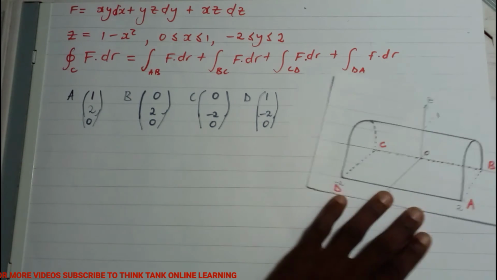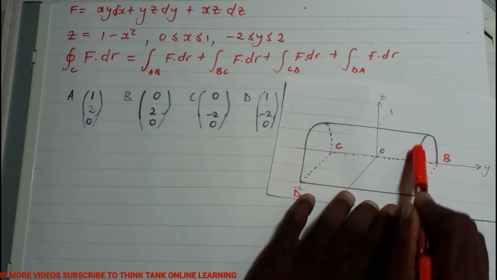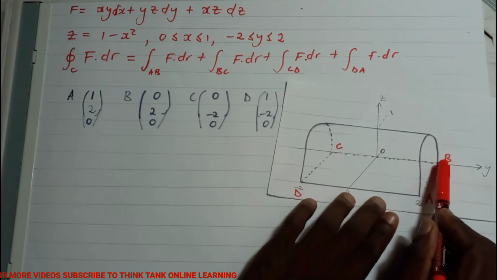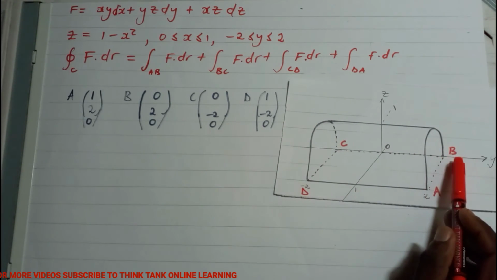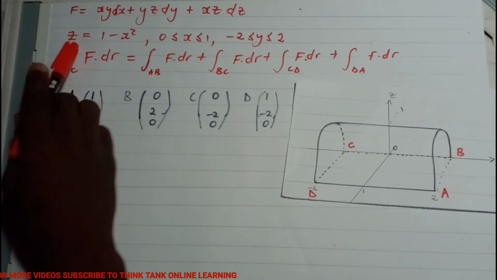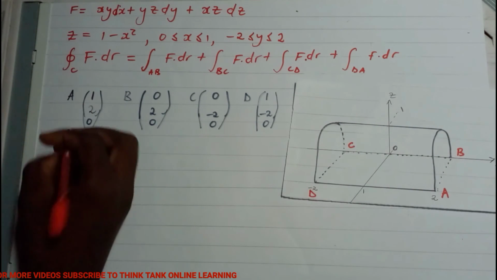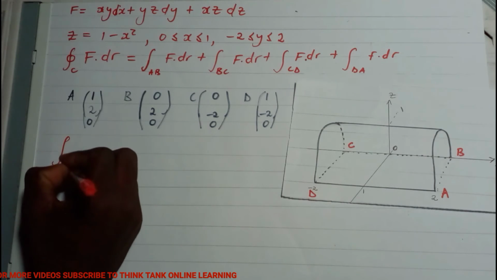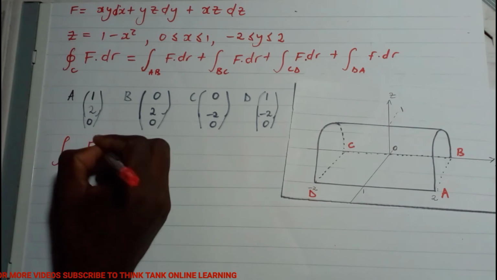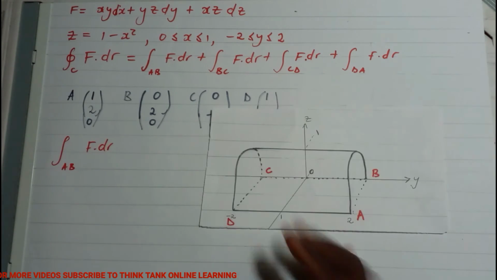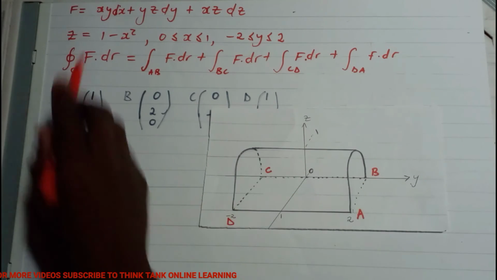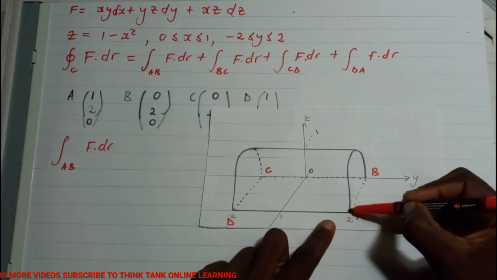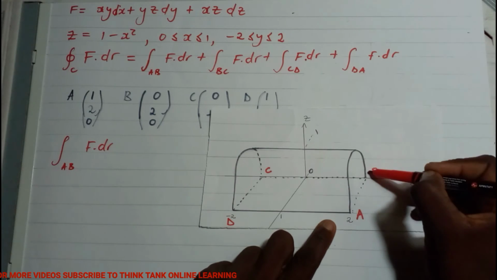From A to B we have a curve, and the equation of the curve is z equals 1 minus x squared.